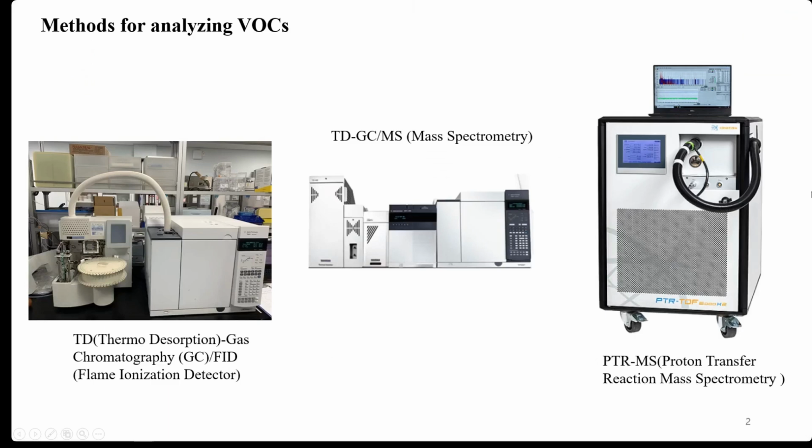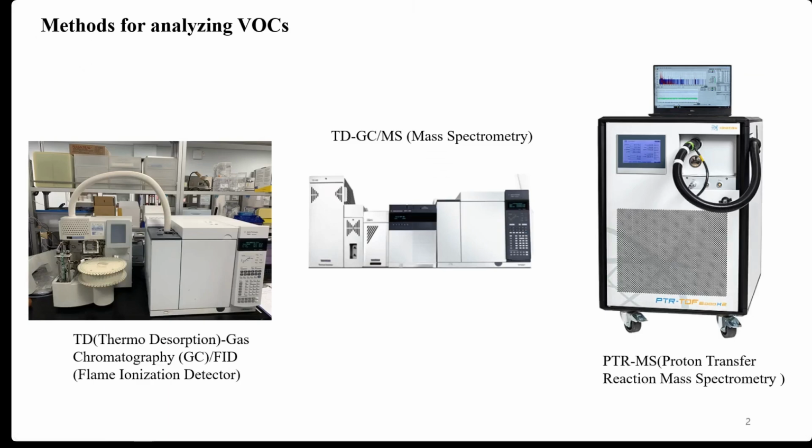Firstly, VOCs are air pollutants that must be studied and managed as they play a key role in the formation of ozone and aerosols. There are various methods and equipment for analyzing VOCs. The equipment in this left picture is the gas chromatography that we use. This is one of the most widely used techniques for VOC analysis.